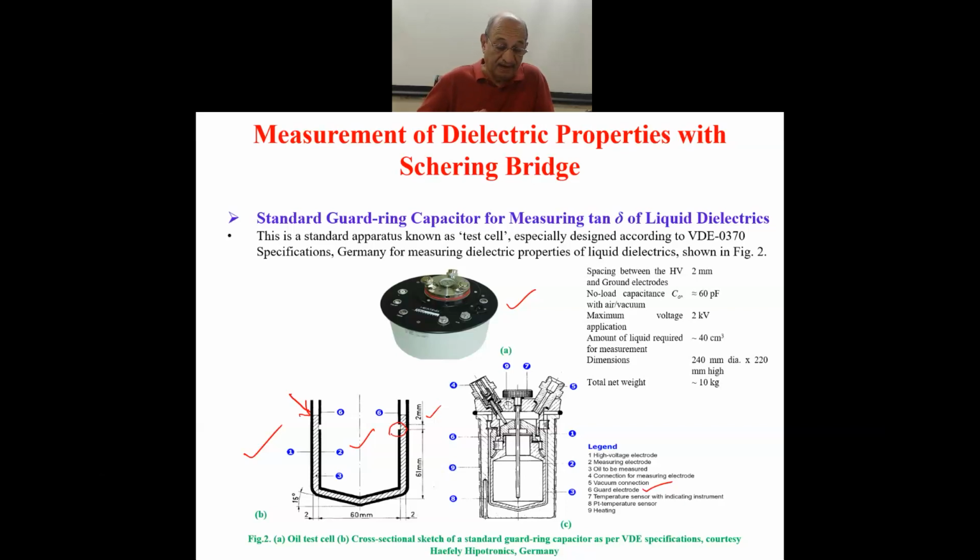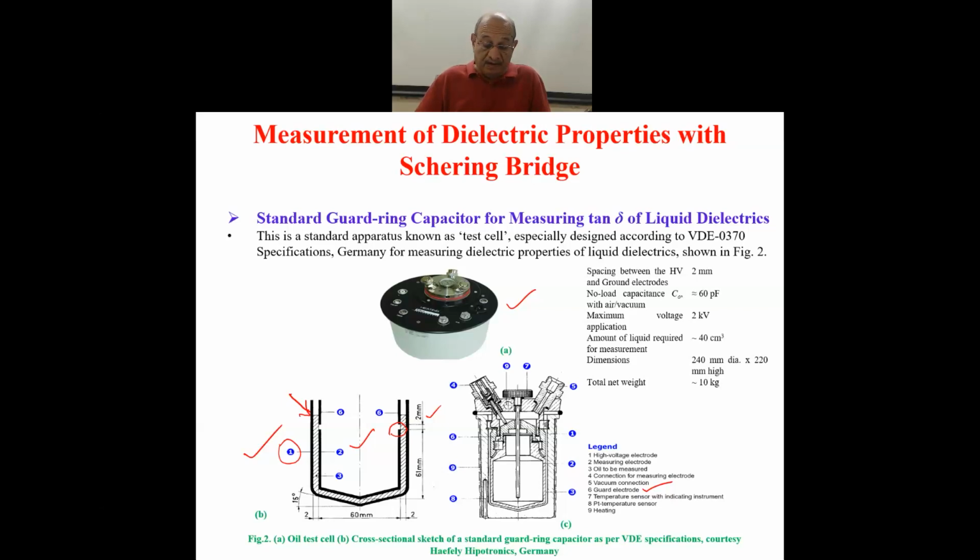The high voltage electrode is number 1 here. That means the outer electrode of the capacitor formed by the dielectric is the high voltage electrode.